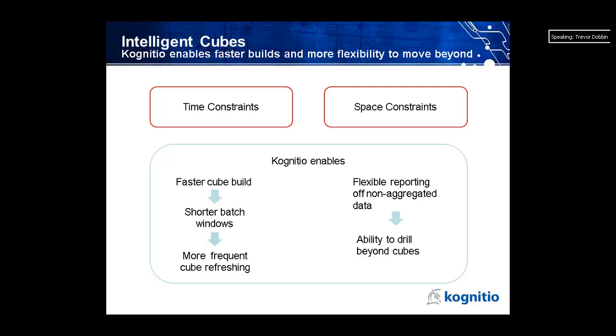There are typically two types of issues with intelligent cubes, and they come under two general types of constraint: time and space. If we think about time constraints, typically intelligent cubes are published on, say, a daily basis within a batch window, and problems can arise as the number of cubes or the size of the cubes proliferates, making it hard to fit these intelligent cube publishing builds into this particular window.